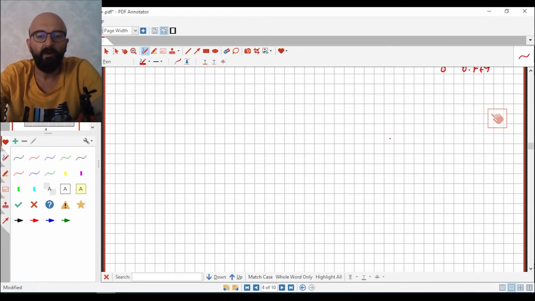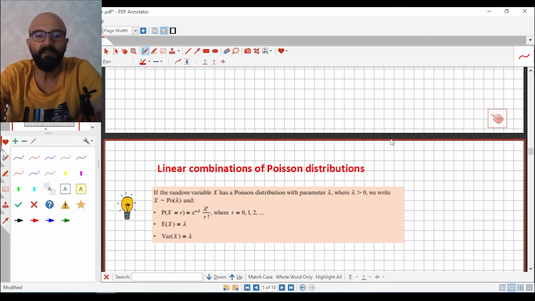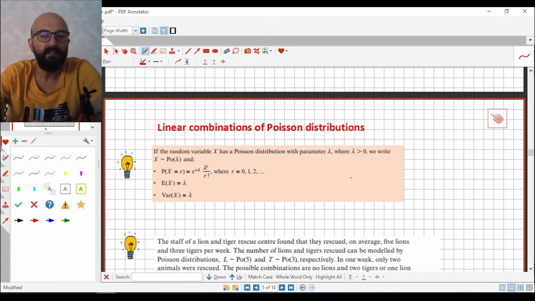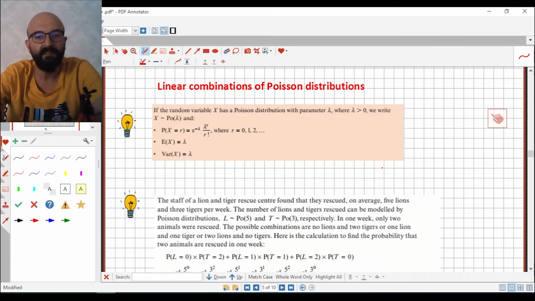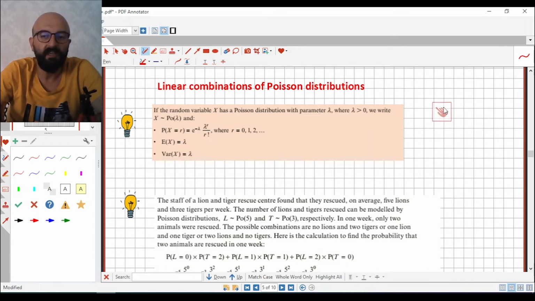Okay, now we will go on with linear combinations, but now we will learn the relationship between linear combinations and the Poisson distribution. Firstly, I want you to remember the Poisson distribution's formula.